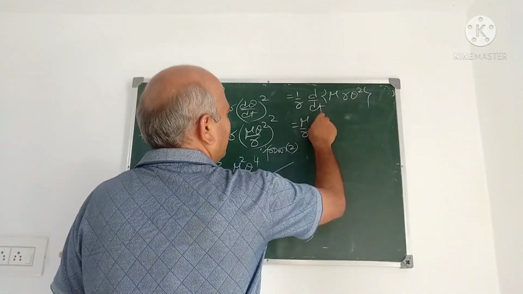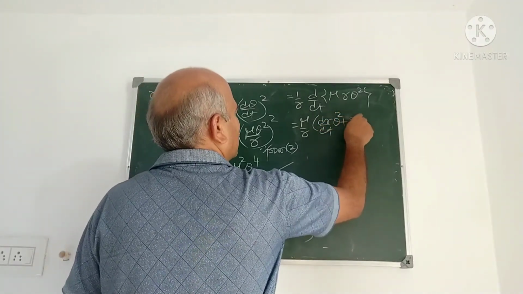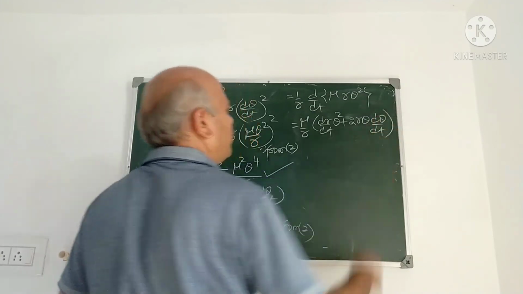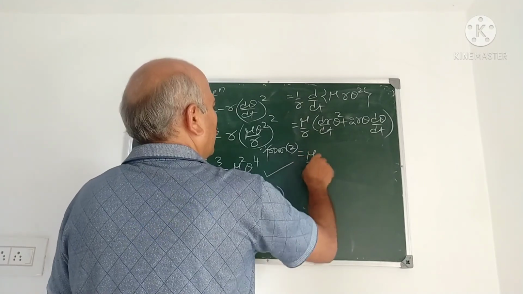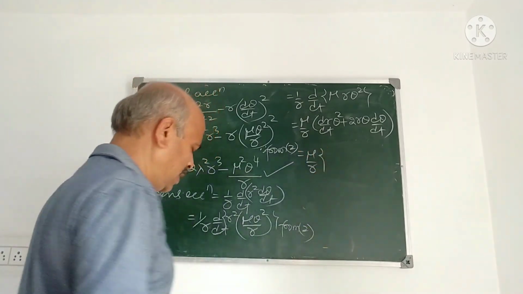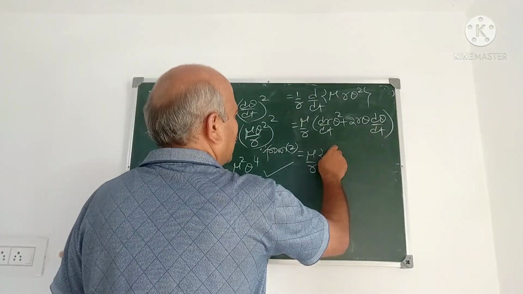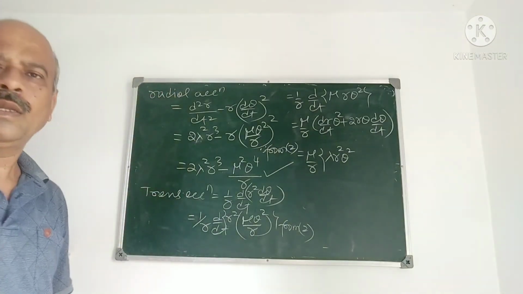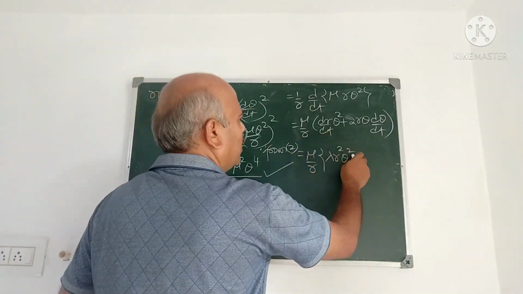What is the differentiation? dr by dt theta square plus 2r theta d theta by dt. Product rule. Therefore, mu by r, what is dr by dt? You have to substitute. dr by dt is lambda r square, because from 1.